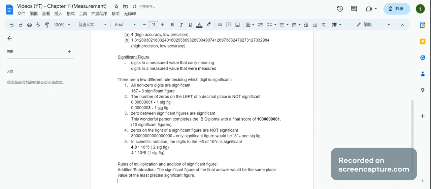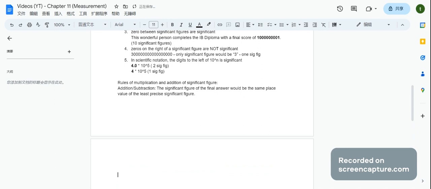This may seem very confusing, so I'm going to do an example to show you.